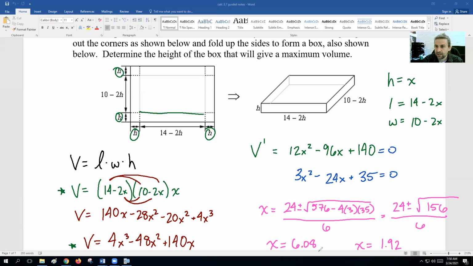Now, keep in mind, when we get a critical point of the first derivative, that's a minimum or a maximum. We want to find the maximum. So what we need to do now is take our critical numbers and plug them back into our function. We can plug it into this one or that one. I'm going to plug in the first one.